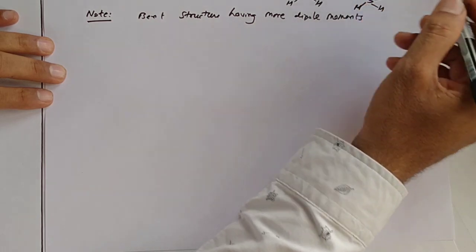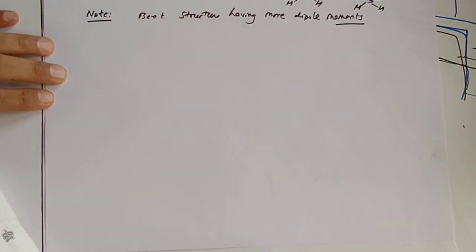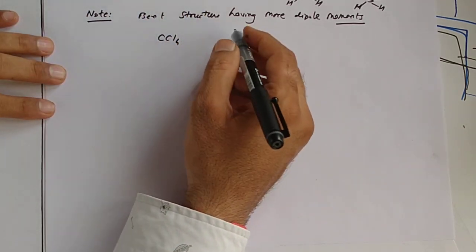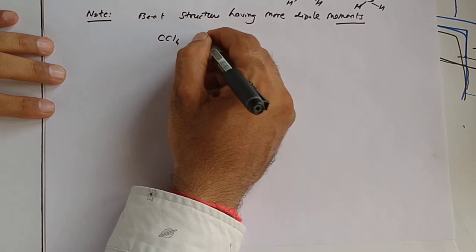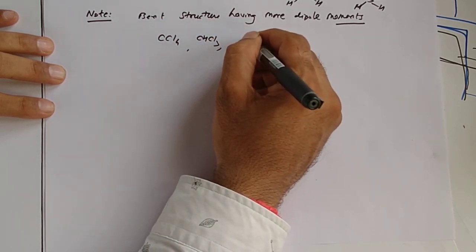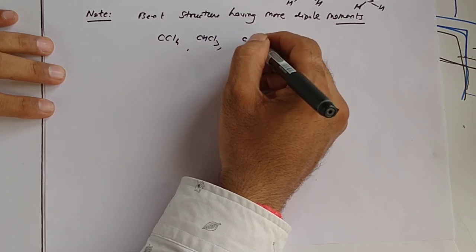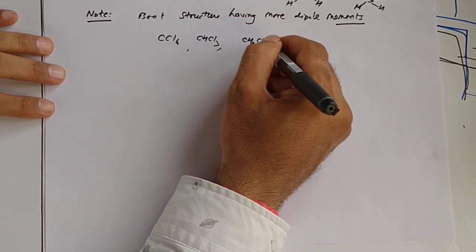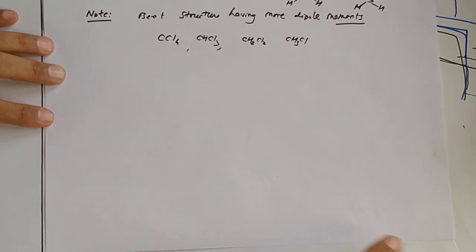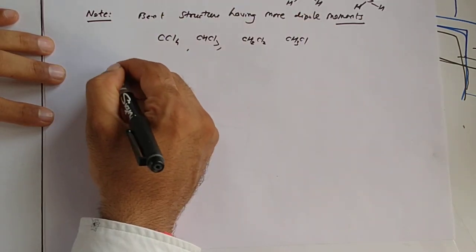A bent structure possesses more dipole moment. So find out the real order of the dipole moments in CCl4, chloroform, CH2Cl2, and in CH3Cl. One by one.